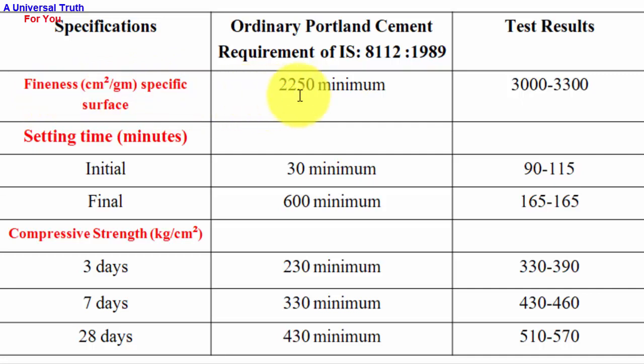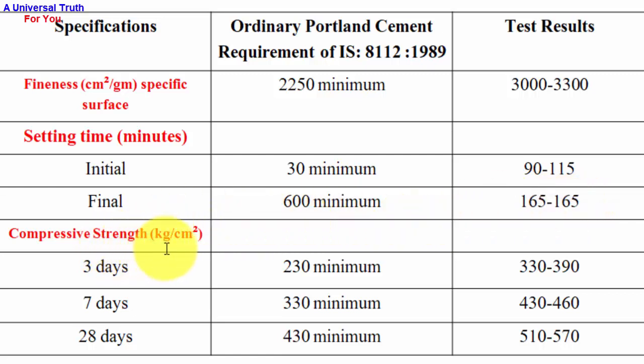Here is 2250 minimum, and the test result is 3000 to 3300. Setting time in minutes: initial setting time 30 minutes, test result is 90 to 115. Final setting time is 600 minimum. Test result is 165 to 165.